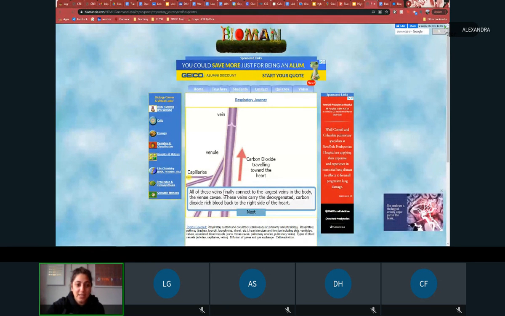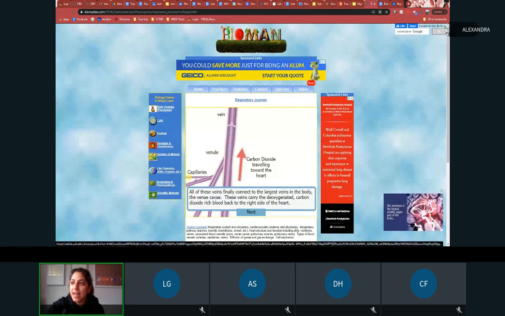Just want to give you guys a chance to go through the journey and learn a little bit more and see more specifically how things work. It's so easy to see a picture, but it is difficult to really put that in context when you just see a picture concentrated on the lungs.